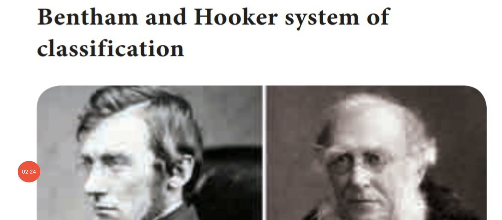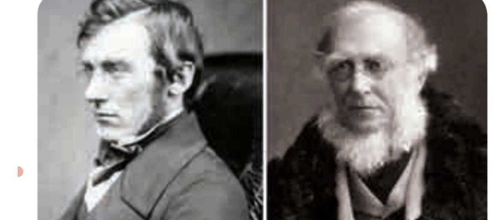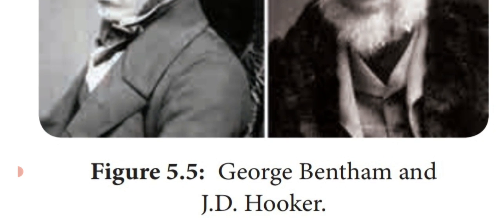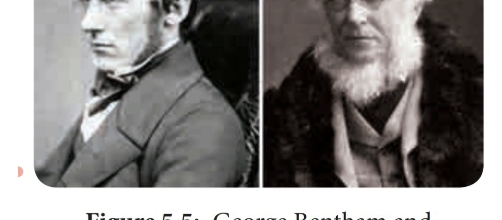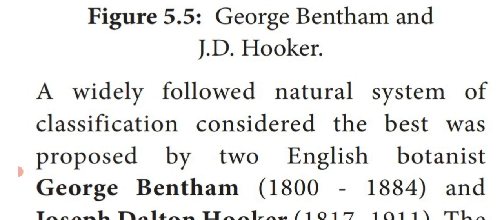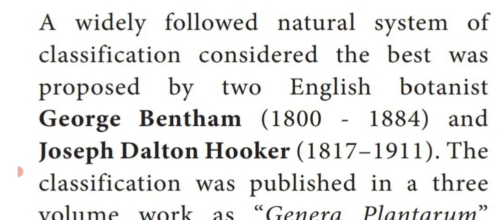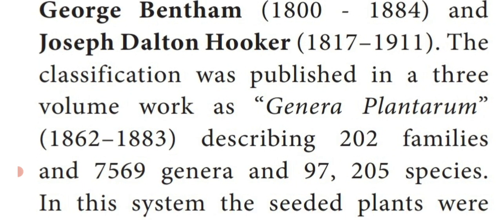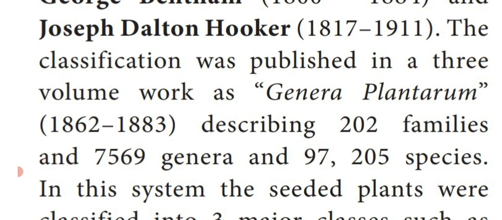Dear students, this is the Bentham and Hooker system of classification. The first figure is George Bentham and the second one is Joseph Dalton Hooker. Both of them proposed the natural system of classification. This system was published in the book known as Genera Plantarum.